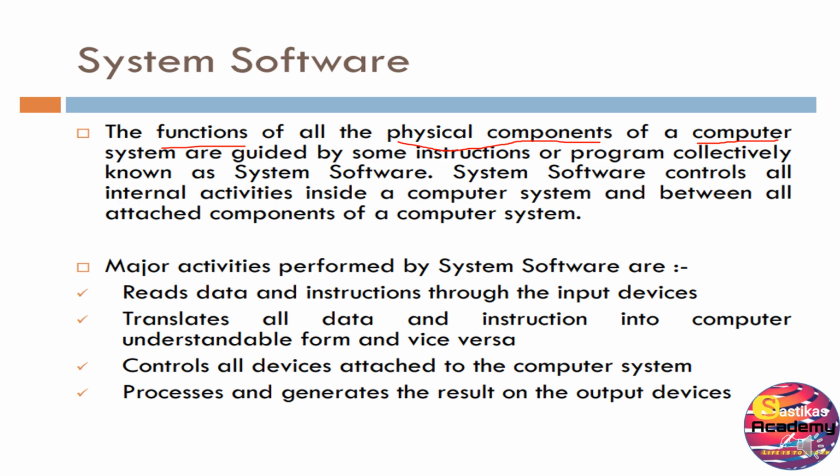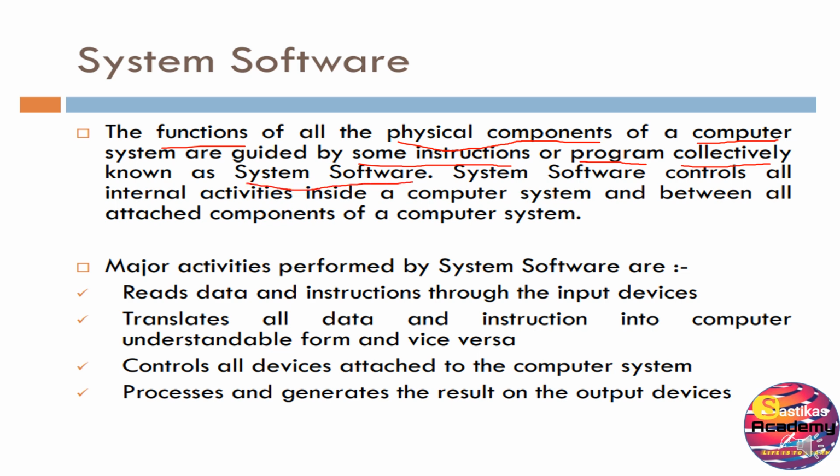We have to instruct them, and only then do they perform the task. These instructions that guide the computer system are known as a program. These kinds of programs collectively are known as system software.